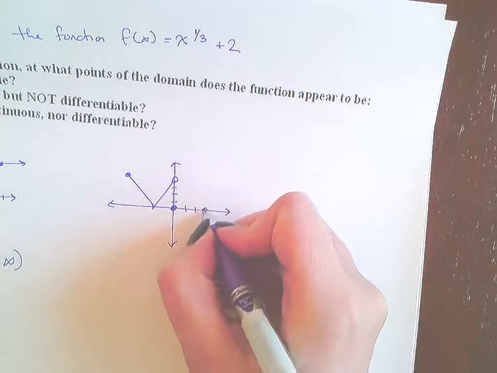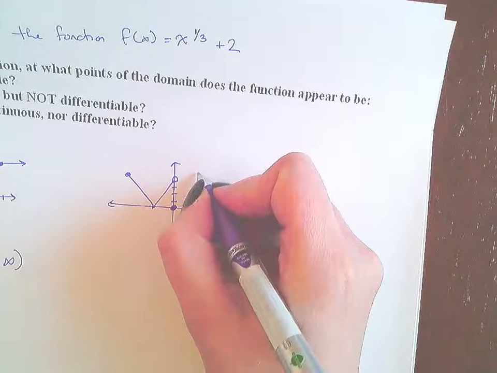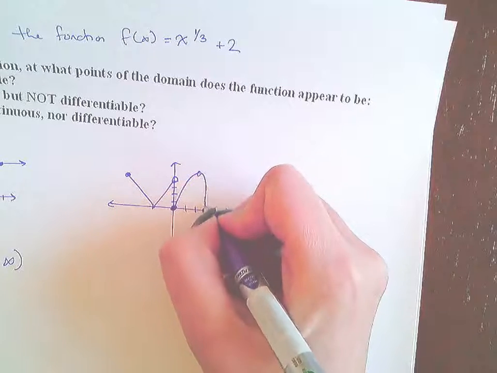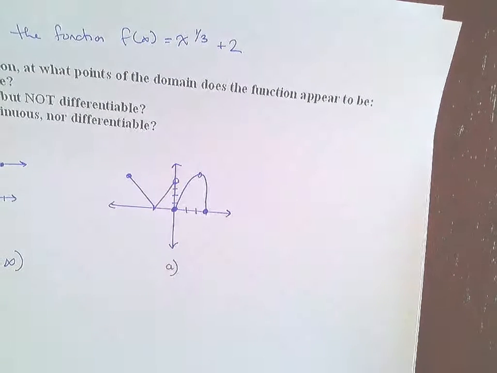And it drops over here. I'm just making a random graph right now. Okay, there it is. So to answer the 3 questions, where is the graph differentiable using interval notation?